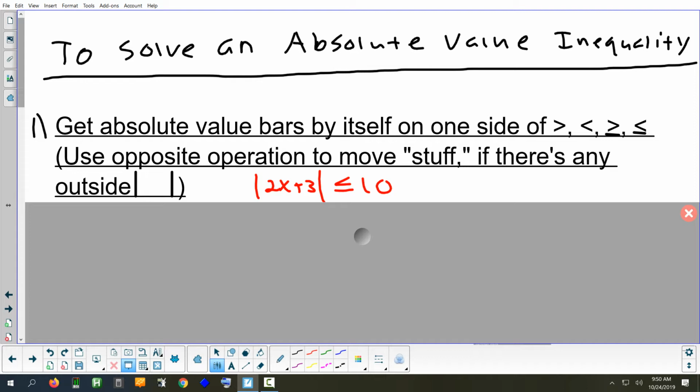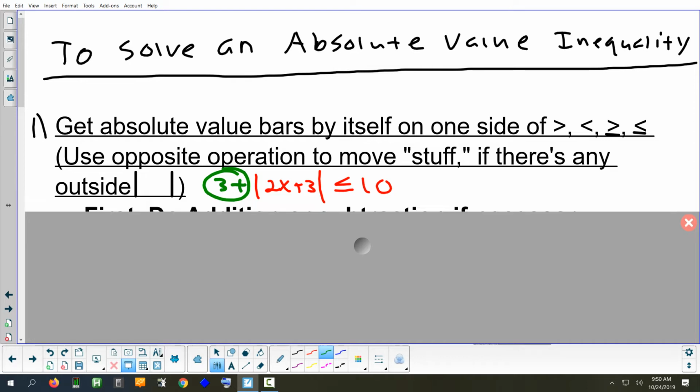Here's a problem that's not ready for step 2. Now you added a plus 3. That's no good. You've got something on the outside of the bars that we don't want there. So the first step would be to get rid of this plus 3.